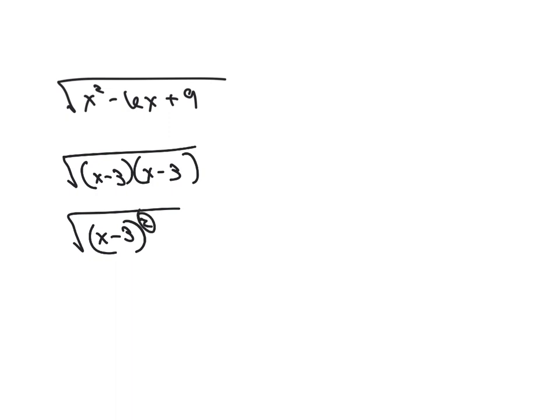So now I've got a squared sign there, and I have a 2 there. That means the sign can disappear, but I have to tell the reader that it's positive. So I put the absolute value sign there.